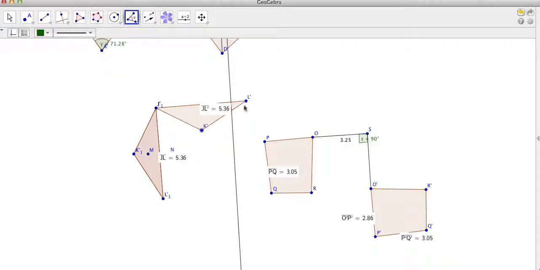We will measure this angle, as well as this one, and you can see that these angles are the same, meaning that all the shapes and their images are congruent. Thank you for watching.